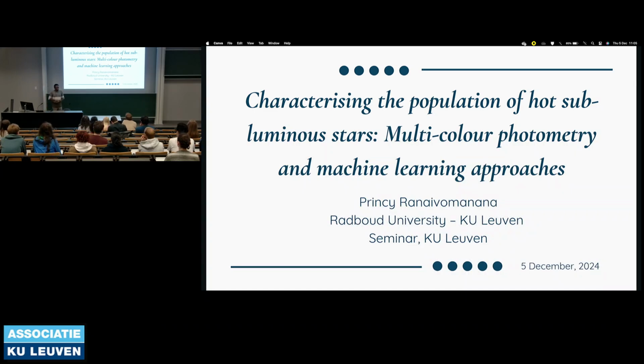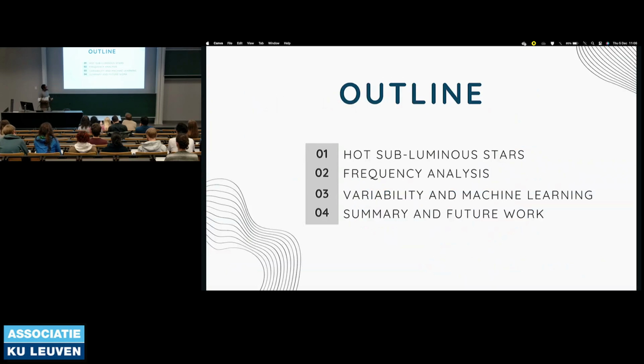Thank you for the great introduction. My name is Princy. Today I'm going to talk about my project on hot subluminous stars using multicolor photometry and machine learning. My talk is divided into 4 main parts. First, I will give a quick introduction to hot subluminous stars.